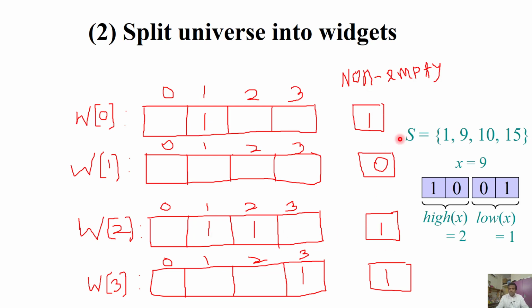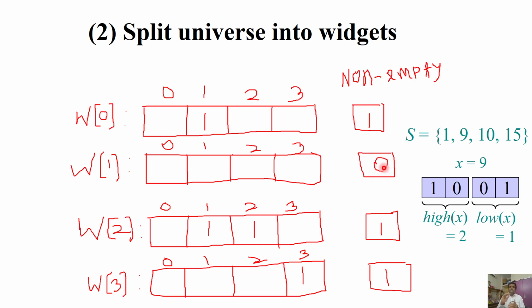So what is the advantage of this non-empty array, which we will later refer to as a summary array? When we are looking for the next one in the next sub widgets, we do not scan into those widgets which have 0 over here.